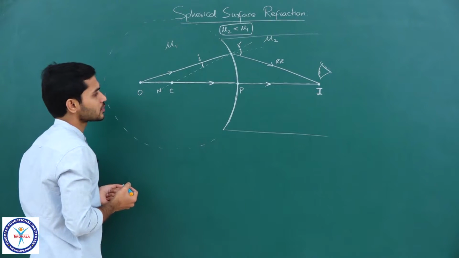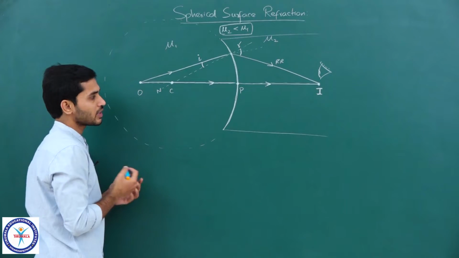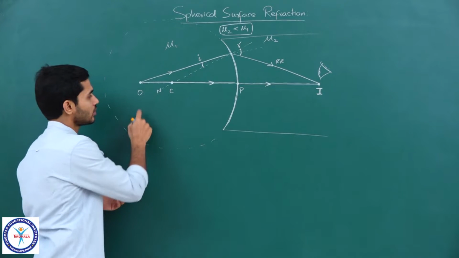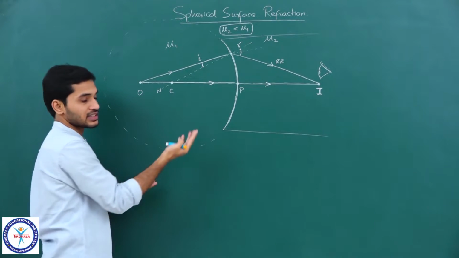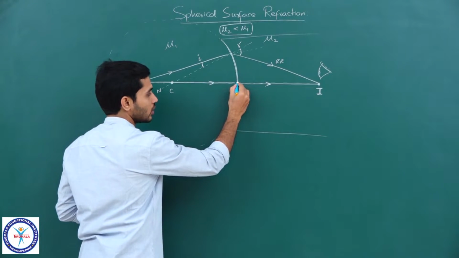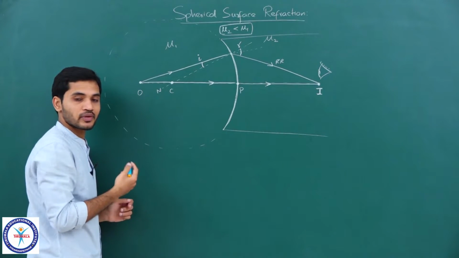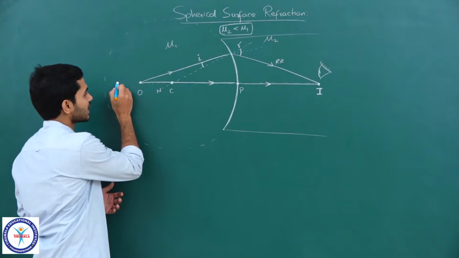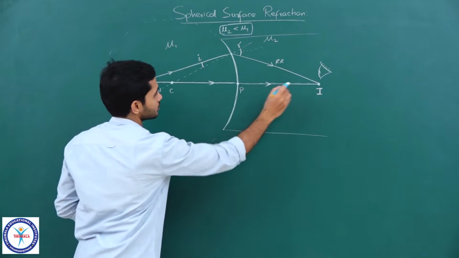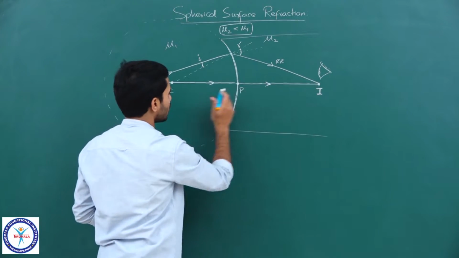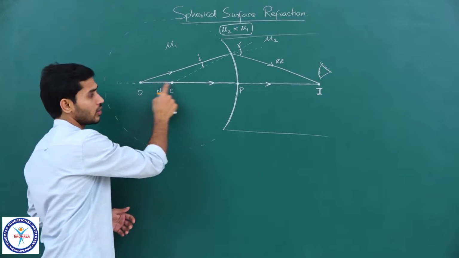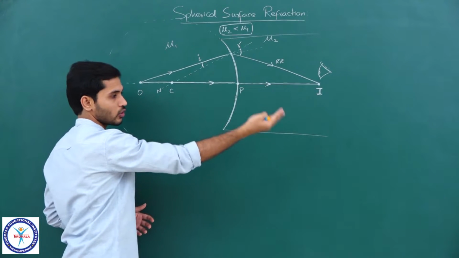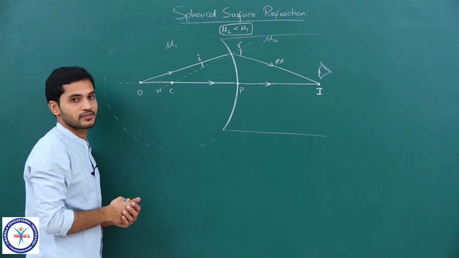Okay. So, now in this particular scenario, let me write down a few things here. We know that OP is the object distance, because in this case once again, because this is the pole, all distances should be measured from the pole, clear. We can once again consider this line passing through the pole and center of curvature as the principal axis, and all the distances either on this side or that side should be measured from the pole.